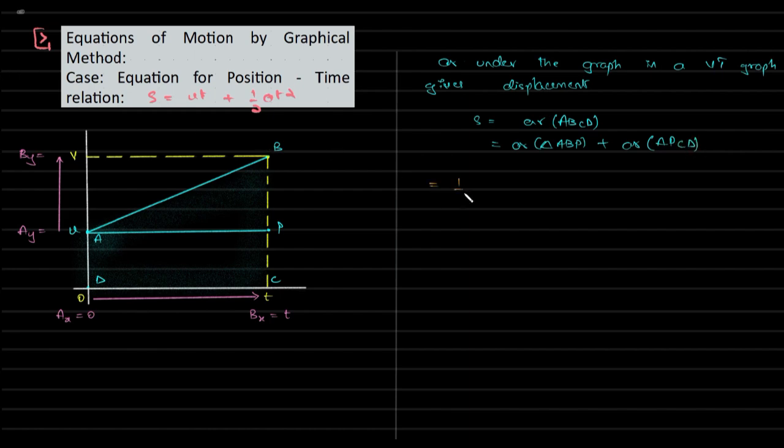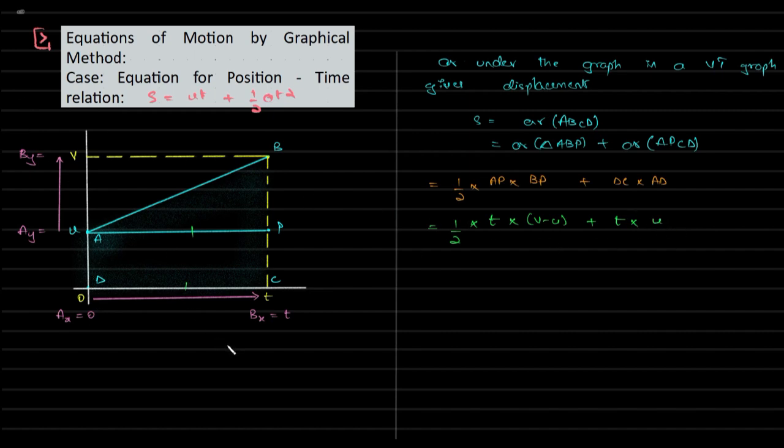The area of the triangle is half into base, which is AP, and height, which is BP, plus the rectangle's length DC and height AD. It's very clear from the diagram that AP length is equal to DC because it's a rectangle, and it is from 0 to T, so basically it's T. BP is from V to U, that is V minus U. DC is over here, that's T, and AD is U minus 0, that is U.